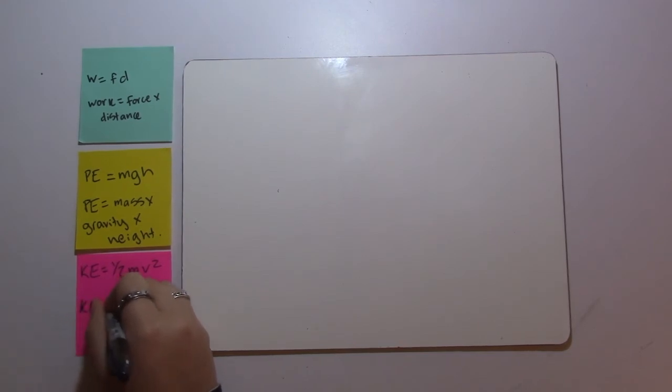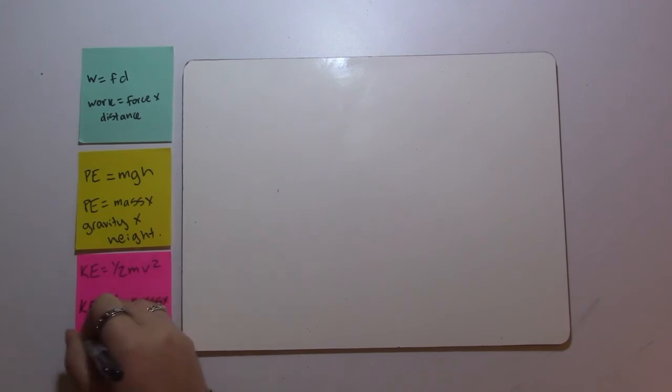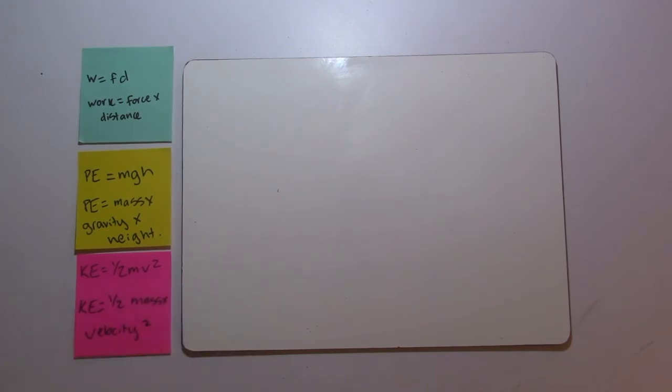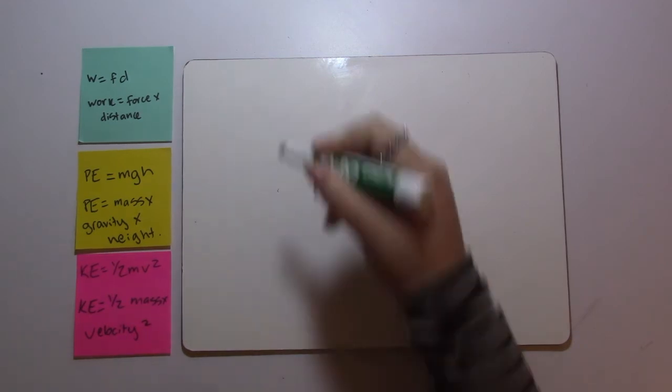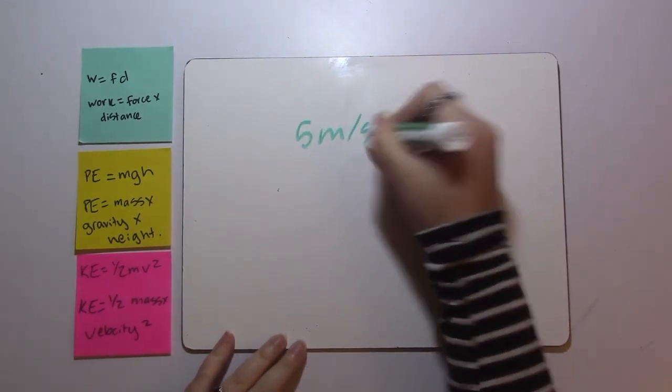KE equals 1/2 mass times velocity squared. Now, if you haven't seen exponents before, which are those little numbers next to the v, if we have a little 2 next to a value, that means we have to multiply it by itself. So before we jump into the whole equation, let's say my velocity is 5 meters per second.